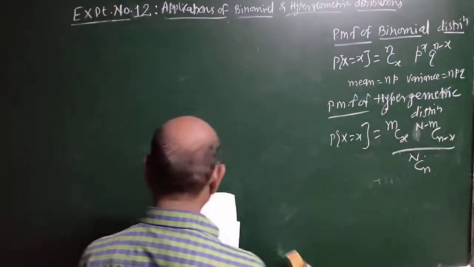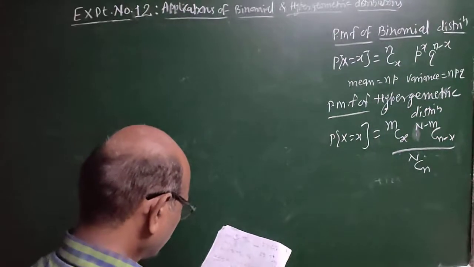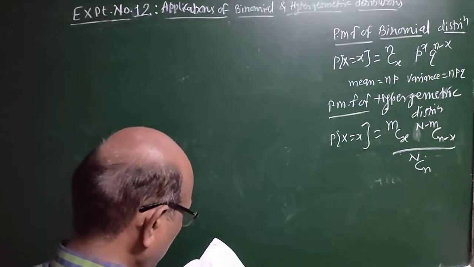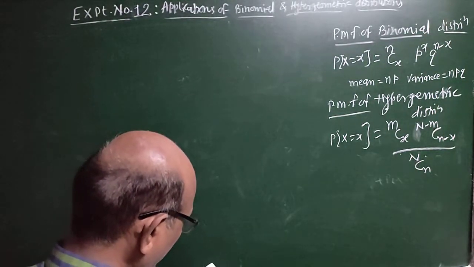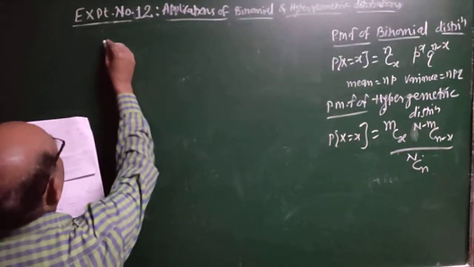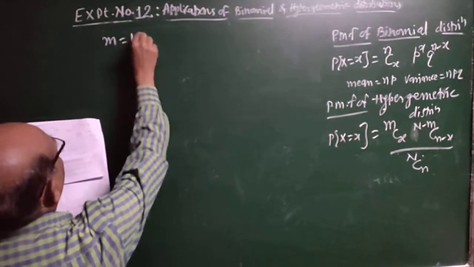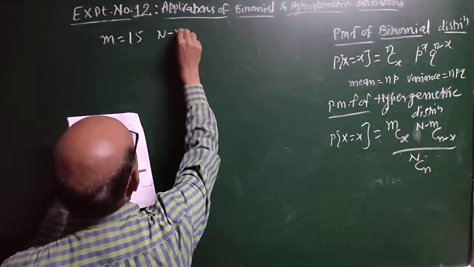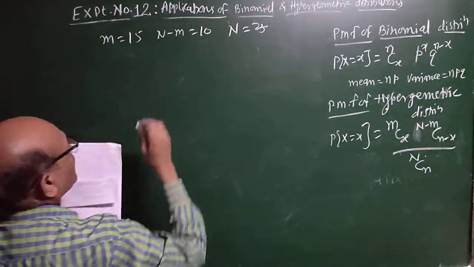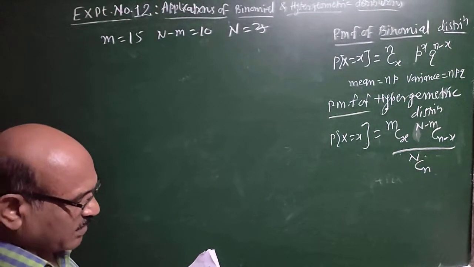So what is your first question? First question is, a club consists of 15 men and 10 women. So men is one type, that is m is 15 and N minus m will be 10 and total N is 10 plus 15 will be equal to 25.